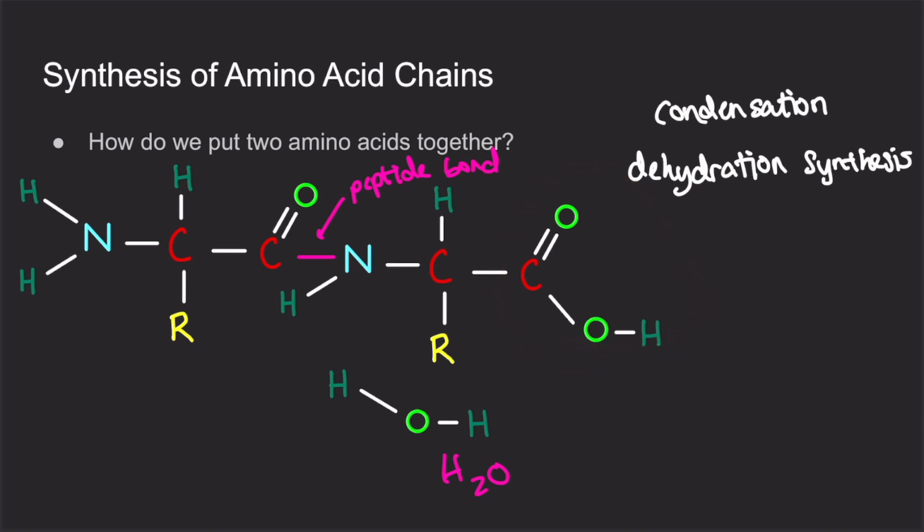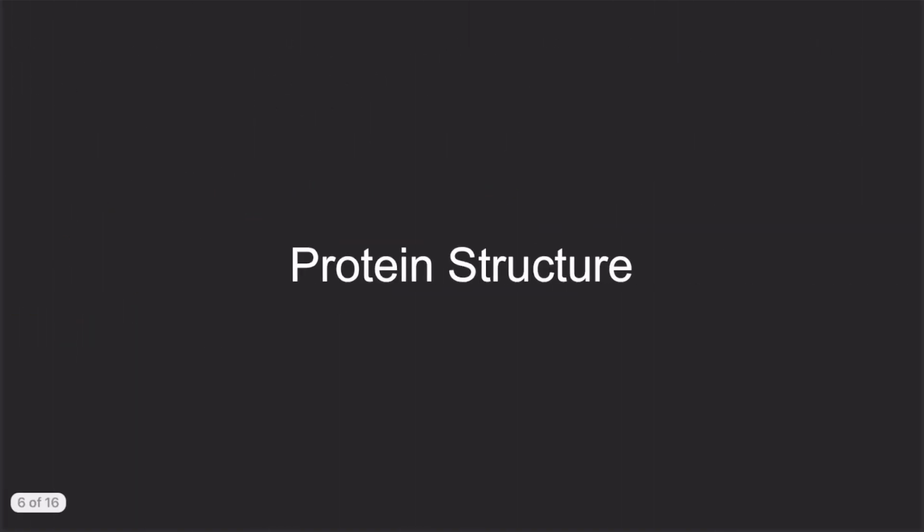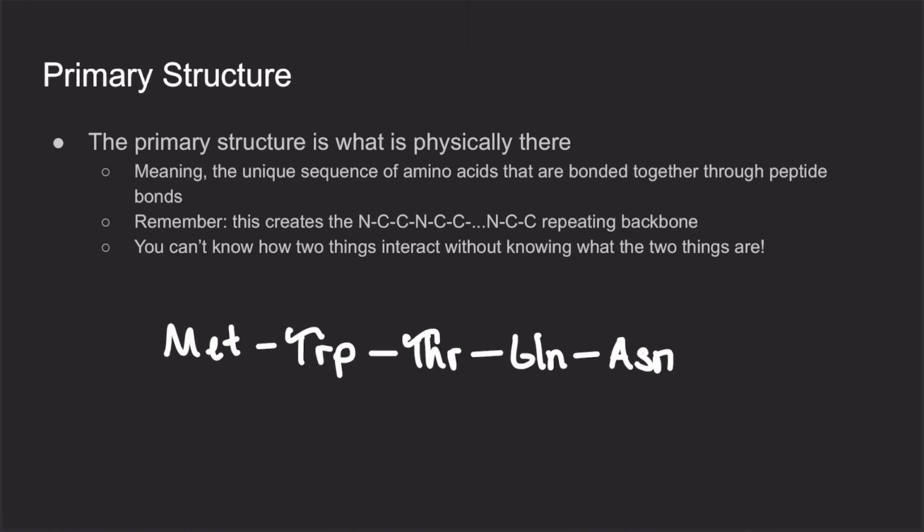But anyways, back to proteins, right? When we put these all together, we create that NCC backbone via peptide bonds. And the peptide bonds are within the amide functional group. Okay. So our primary structure is just what is there, right?